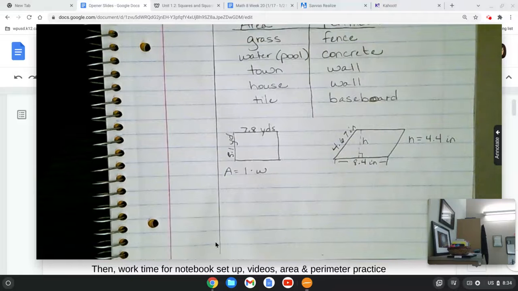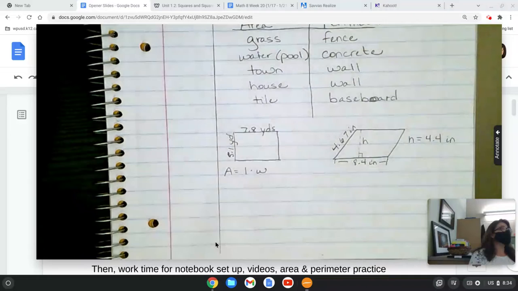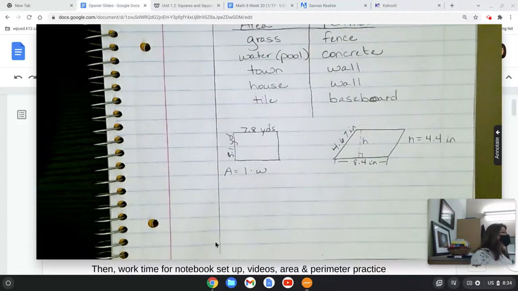What did you figure out for area? 39.78. Okay. Anybody else? 31.78. Okay. 39.78.